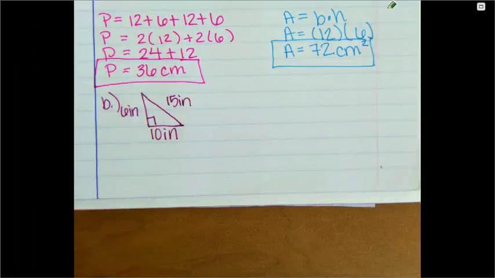All right, you have 6 inches, 10 inches, and 15 inches. What are you going to do first? Find the perimeter.